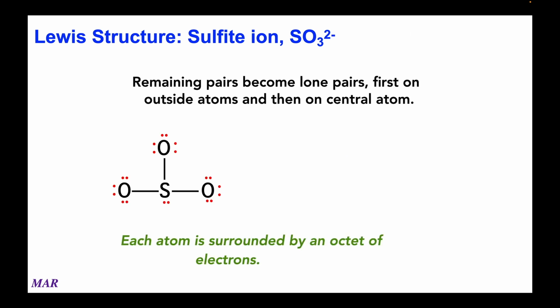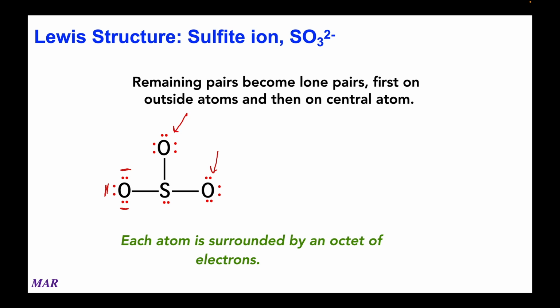So when you do that, you can see what happens. We had 1, 2, 3 pairs around the first oxygen, and then that oxygen has an octet. 3 lone pairs and 1 bonding pair is an octet. We'll do the same thing for the next oxygen and the same thing for the third oxygen. So by doing the outside atoms first, all of the oxygens then have an octet.